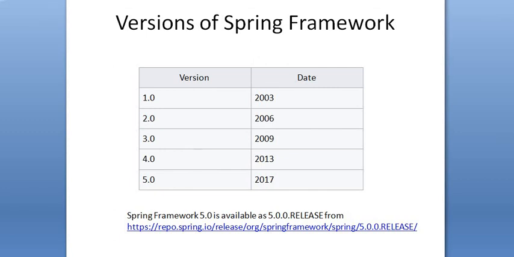Version 2.0 came in 2006, then in 2009 we have 3.0, in 2013 we have 4.0, and currently we have the 5.0 version, which we will be talking about in our coming tutorials. You can find the Spring 5.0 version at this link by Spring.